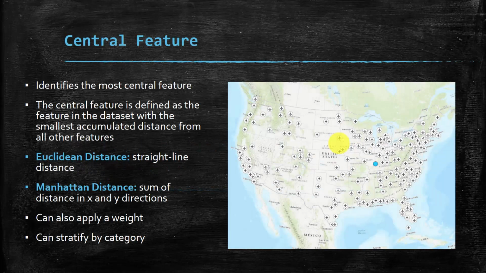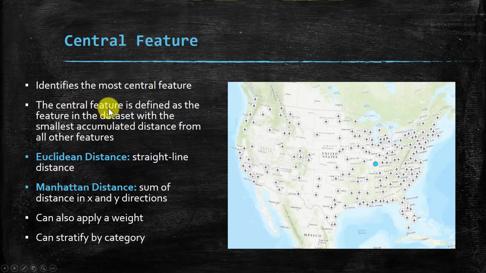Okay, so one of the simplest techniques that we can use for assessing the spatial central tendency of our data is central feature. So effectively what this does is, of a set of points, it finds the point that is the most center within the data set. So again, it identifies the most central feature.